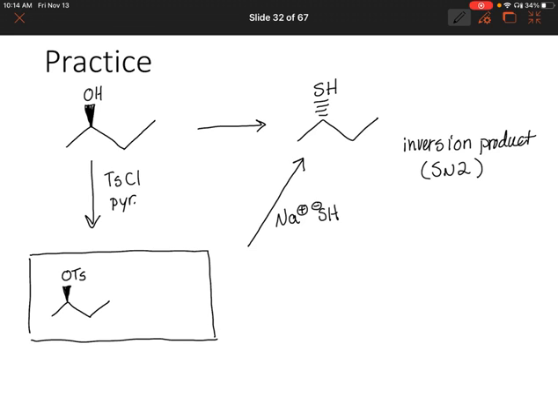And because this is an SN2 reaction, what type of solvent should we use? Should we use a polar protic solvent or a polar aprotic solvent? Polar aprotic. So maybe we would use something like acetone.